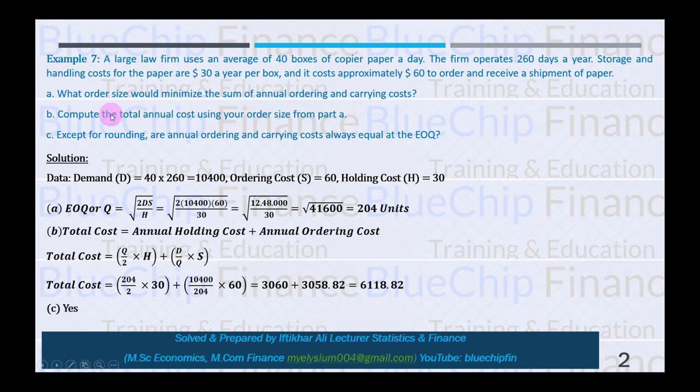The next requirement is to compute the total annual cost using your order size from part A. So total cost is equal to annual holding cost plus annual ordering cost.